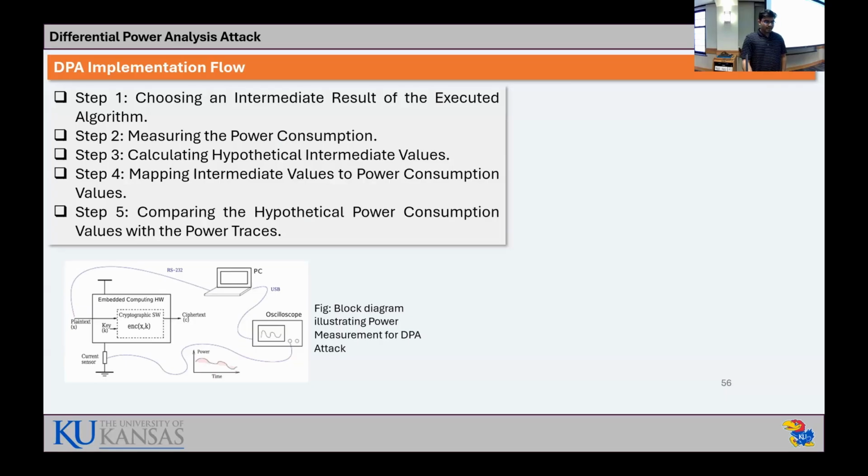Now to implement DPA, you have to choose the intermediate result of the executed algorithm. So basically you need to know about the algorithm. Then you have steps 2 and 3. Step 2 is measuring the power consumption, which we'll do with this setup here.